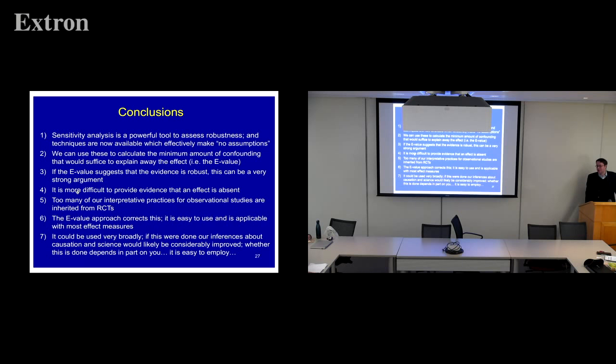Again, it's much more difficult to provide an argument that the effect is absent, that you have no effect. But if you're trying to argue for the presence of an effect, I think these e-value arguments in conjunction with a strong study design and good measured confounding control can be very powerful.